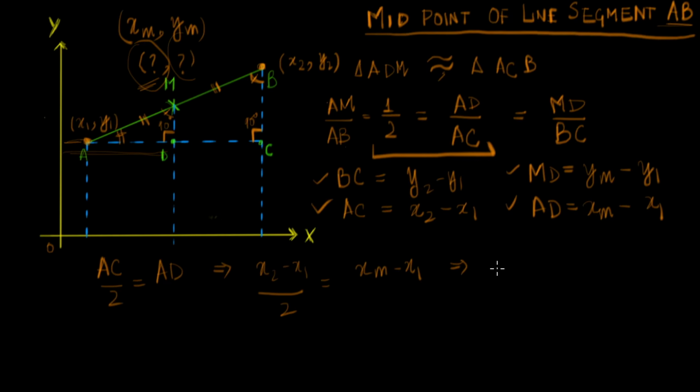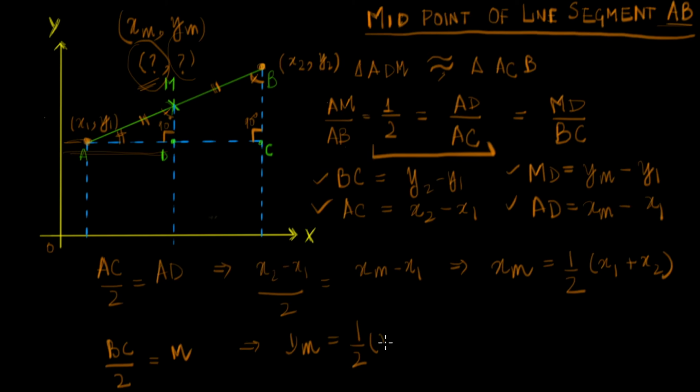You can solve this out to find xm is nothing but 1/2 times the sum of x1 and x2. Similarly, using the equation BC by 2 equals MD, we should get y sub m equals 1/2 of y1 plus y2.